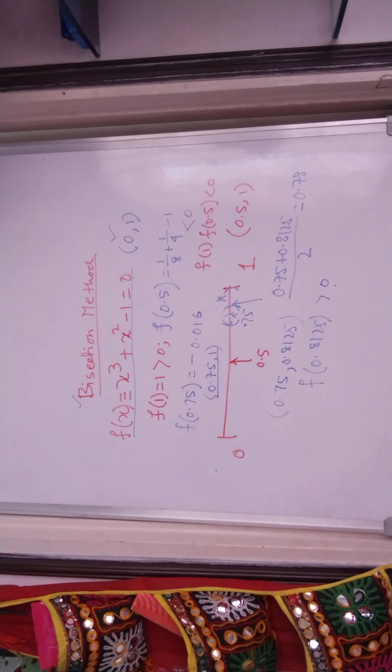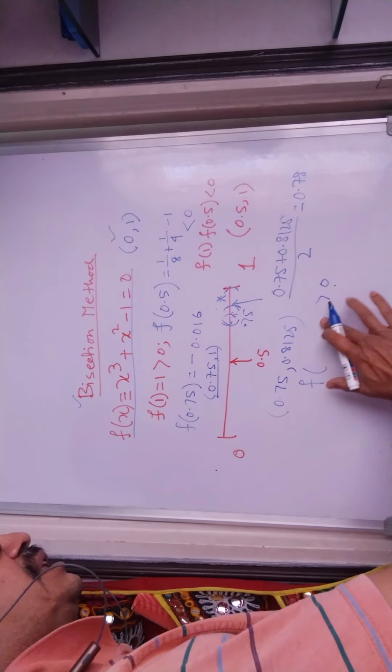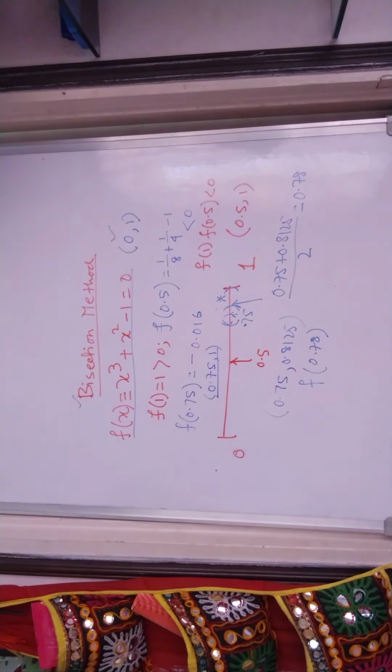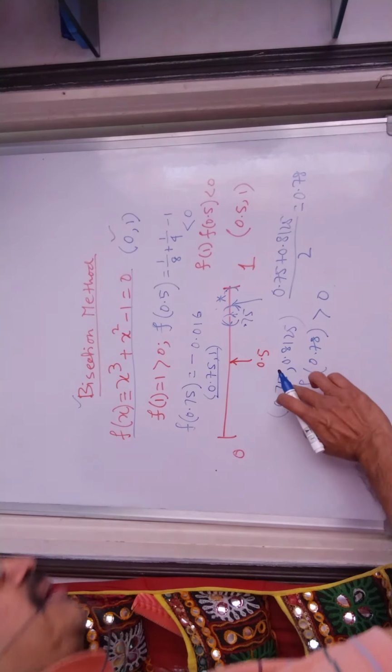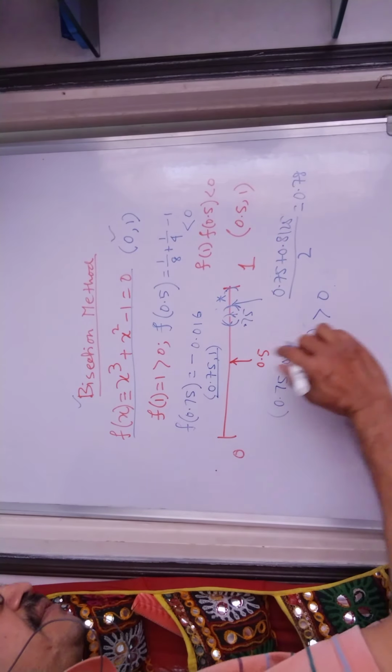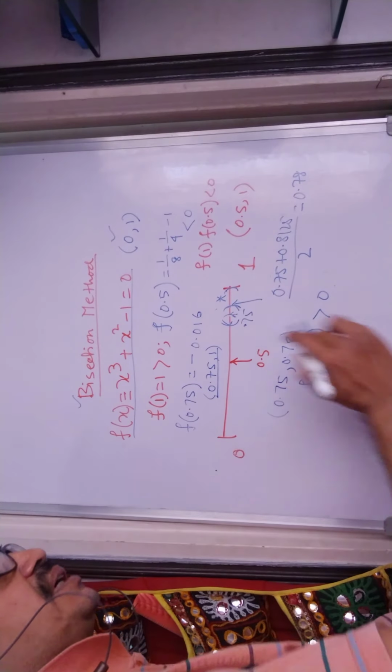It comes out to be 0.78. And then we have to calculate f(0.78), only to find that it is again positive. So the root is in 0.75 and 0.78, since f(0.75) is negative.